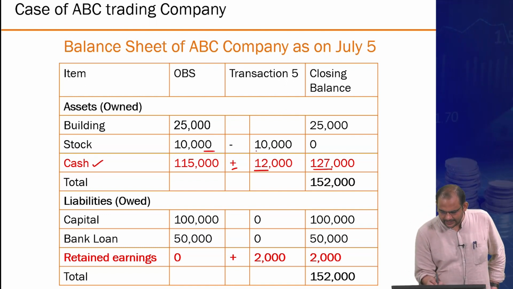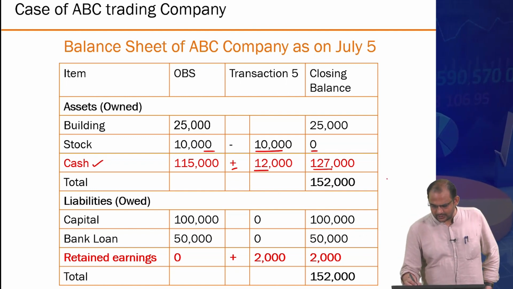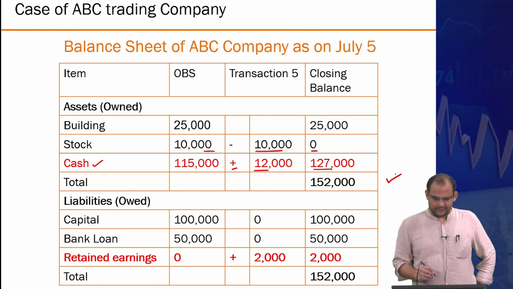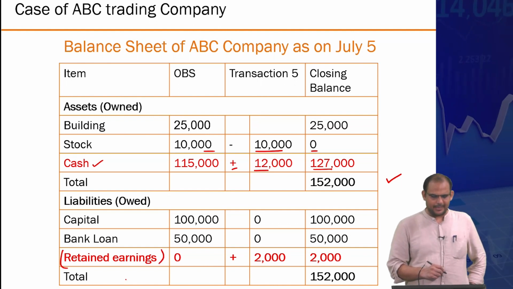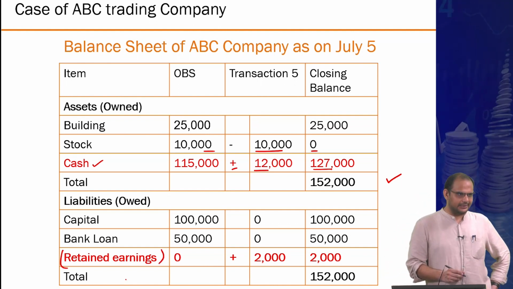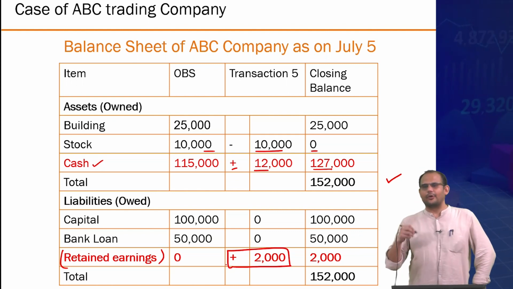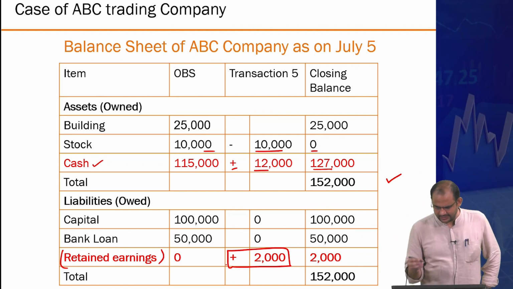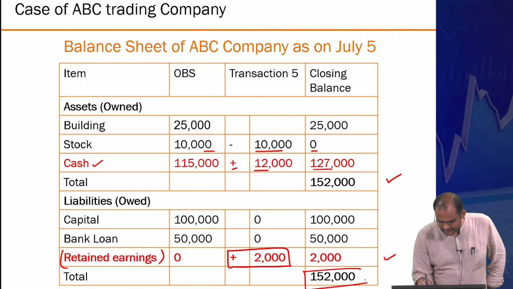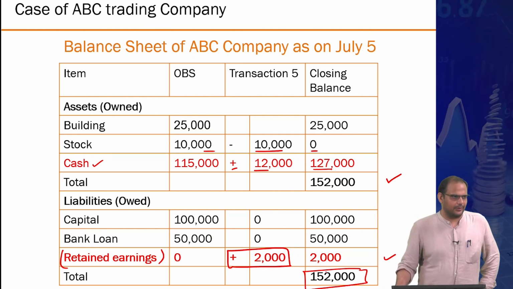The stock depletes and there is a zero of the stock now, so the total assets become 152. Corresponding to that, there is a new entry in the balance sheet, which is the retained earning, the additional profit of 2,000 rupees, which so far has not been settled to the shareholders. So the total balance sheet of the liability side is also the same amount, 1,52,000.